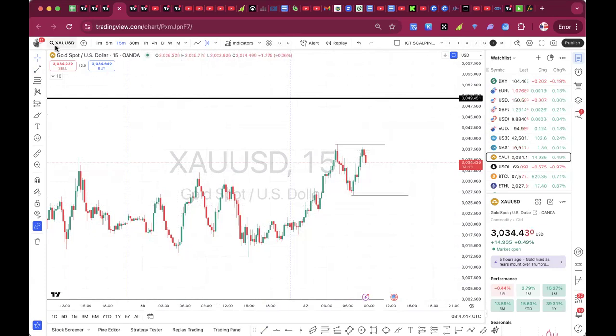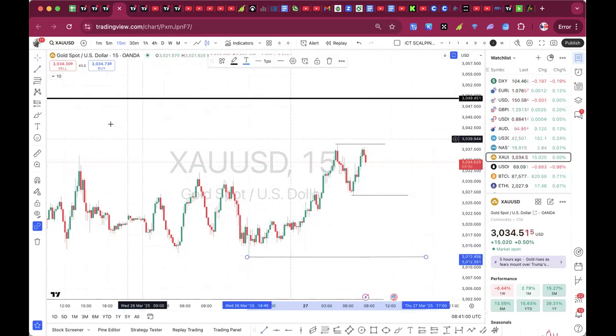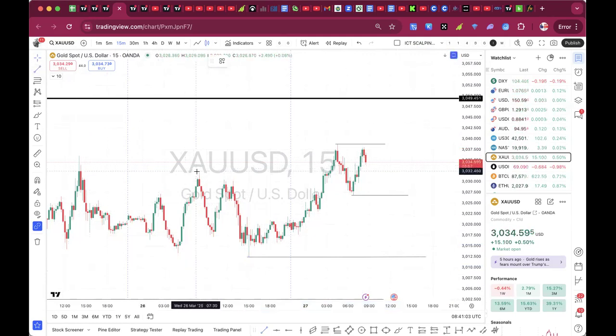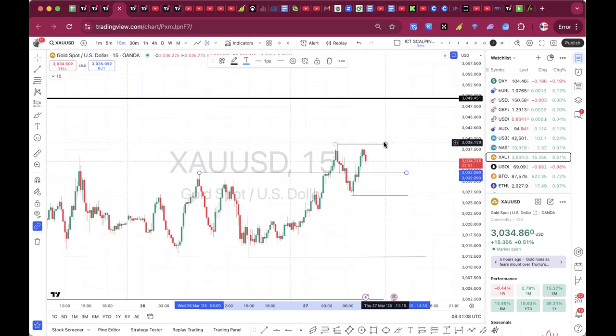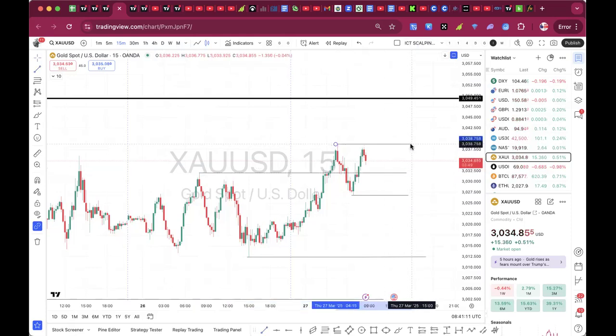Then I would have to mark, perhaps, the previous day low and previous day high. Okay, I've marked all of this now, right? Previous day high, previous day low. Then if I see any other liquidity, I can still mark. So this is another liquidity. So more very, very obvious liquidity is marked.